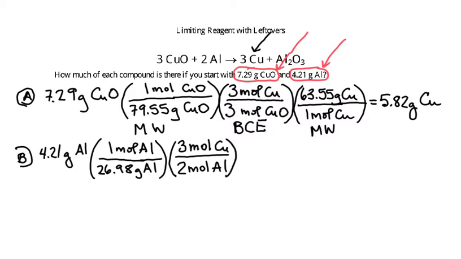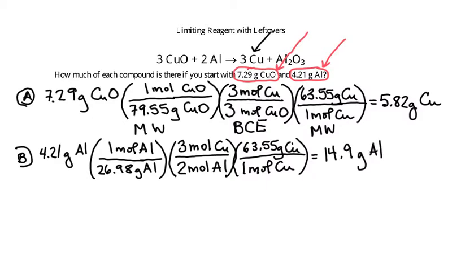Balanced chemical equation, those coefficients are the molar ratio. And then using the molecular weight of copper again, 1 mole weighs 63.55 grams. So the amount of copper that can be synthesized from 4.21 grams of aluminum is 14.9.